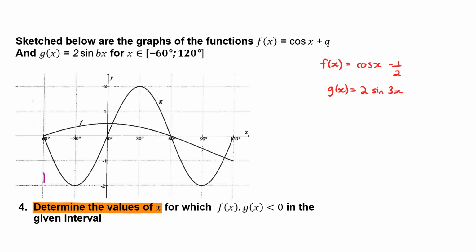And often what you will get is something that looks like this, where they've said f of x times g of x is less than 0. Now, another way that they often represent this could be maybe f of x divided by g of x is less than 0.